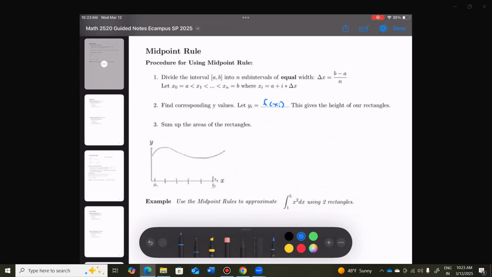So the integral from a to b of f of x dx is going to be approximately delta x times the summation from i equals 1 to n of f of x sub i bar.